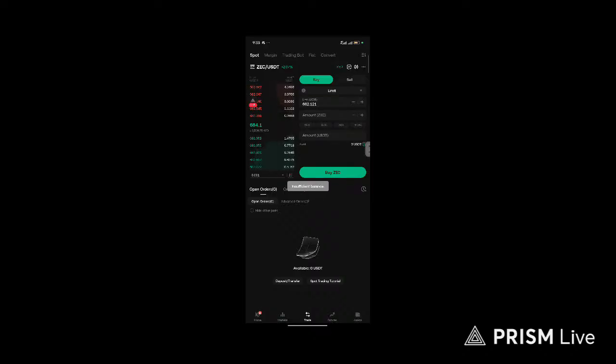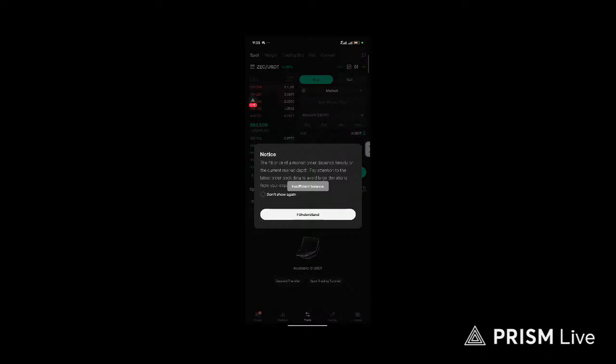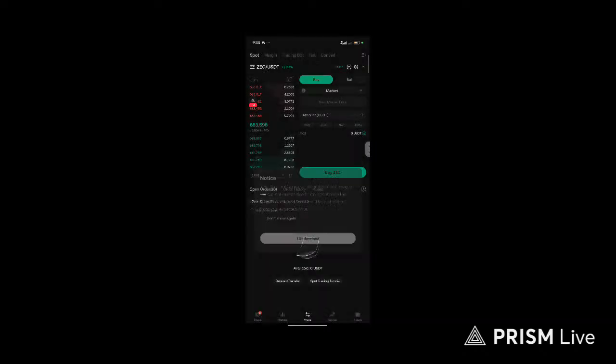You want to buy 50% of your ZEC. You choose whether it is a limit or a market order. Market order means the current price you are entering right now. If you set a limit order, it means okay, when ZEC reaches some level, sell for me. When ZEC reaches some buy level, you buy for me.